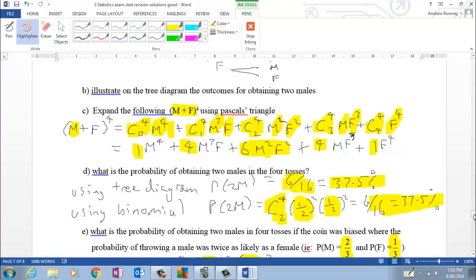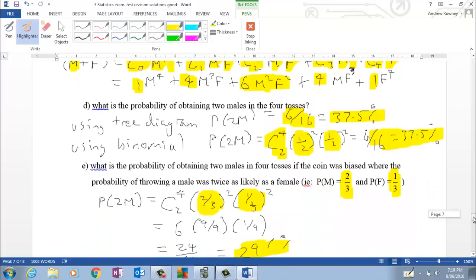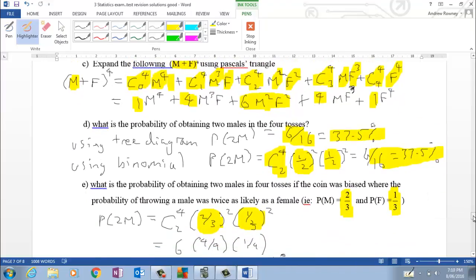Now what we can do is actually link it to the original question of the riders. You can see here in part E, what's the probability of obtaining 2 males in 4 tosses of the coin if the coin was biased such that throwing a male is twice as likely.